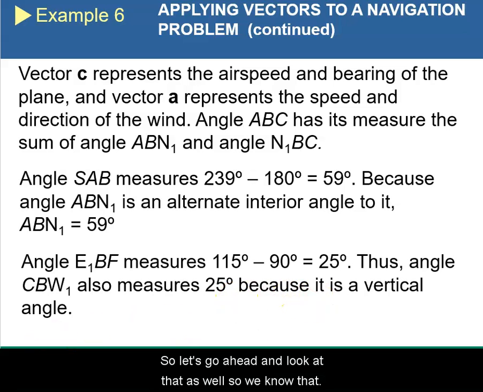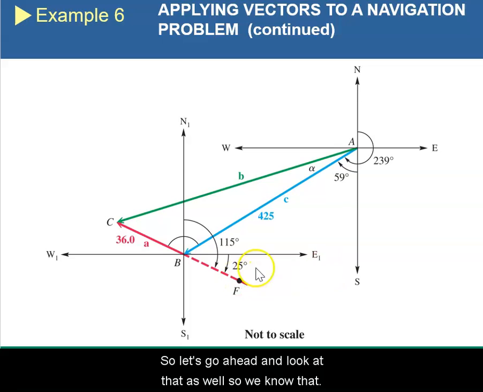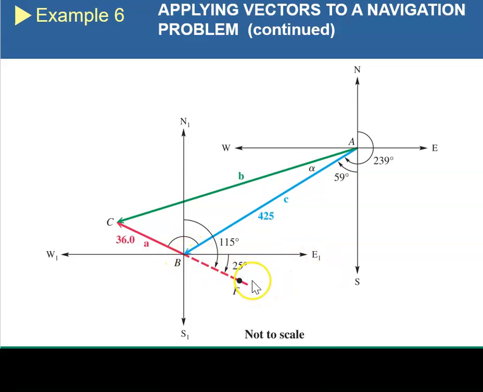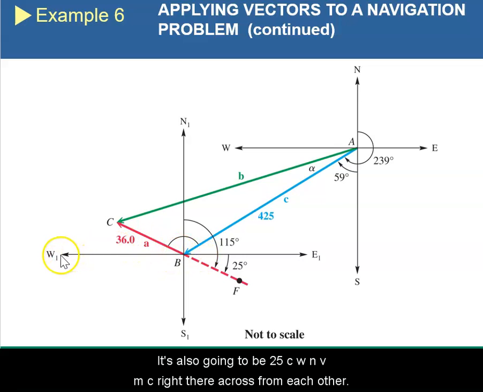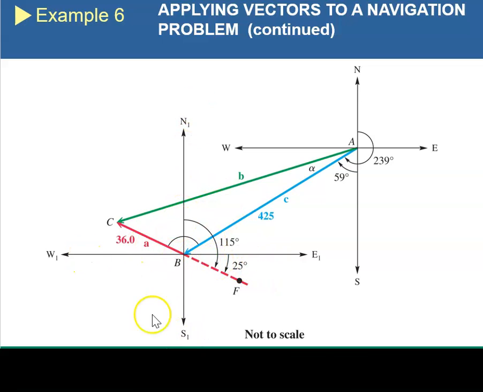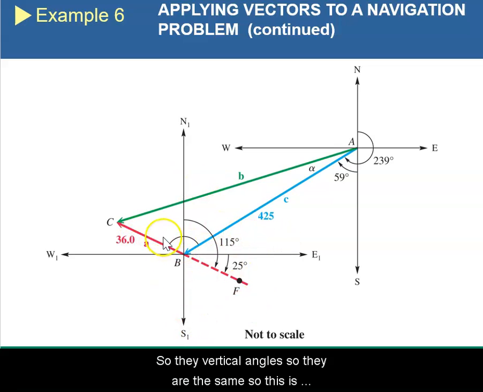So we know that E1, B, and F is 25, so the angle across from it is also going to be 25. W1, B, and C are across from each other on a four-way split, so they're vertical angles, so they are the same. So this is 25 and this is 25.